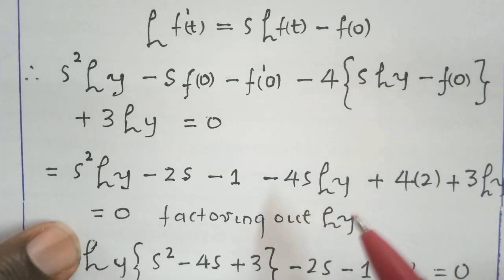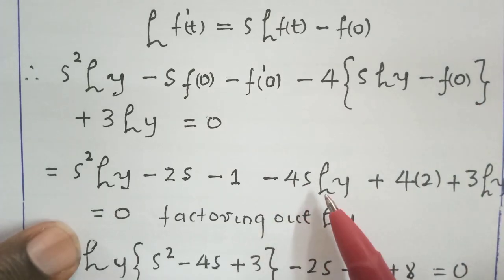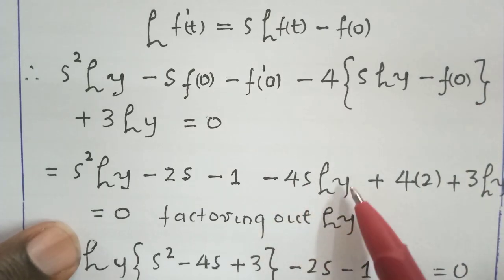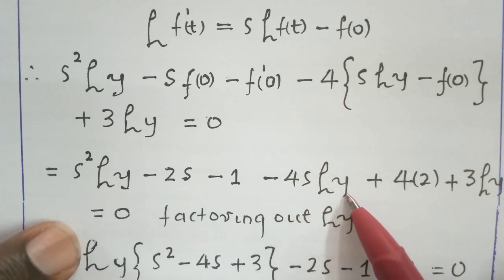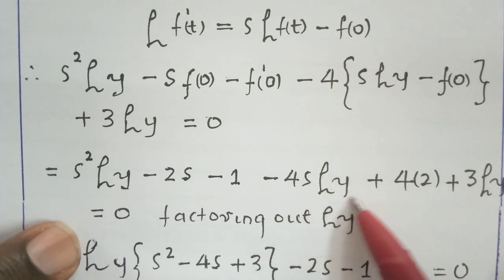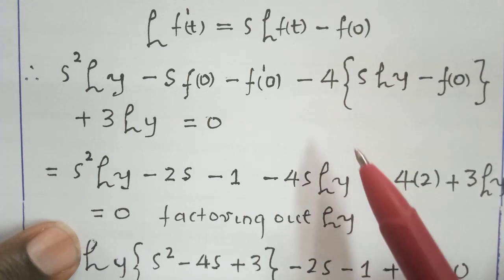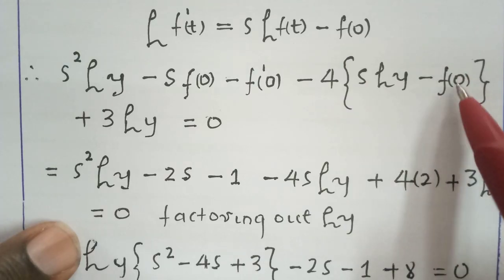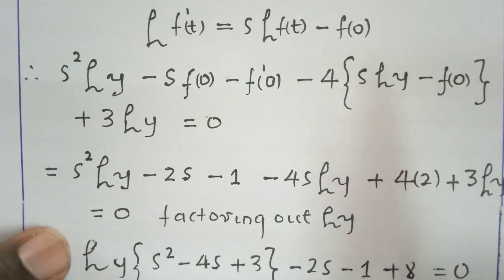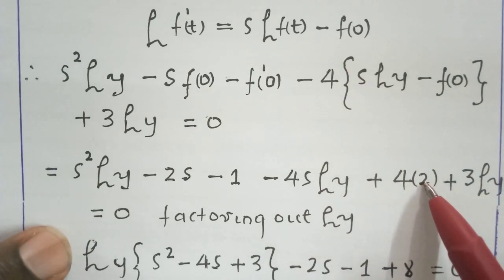We have 4s for the first one, 4s we have y, and then from there this is the first derivative. The first derivative we have that and that. This one is supposed to be replaced with 2. And that's what I have done here, guys.